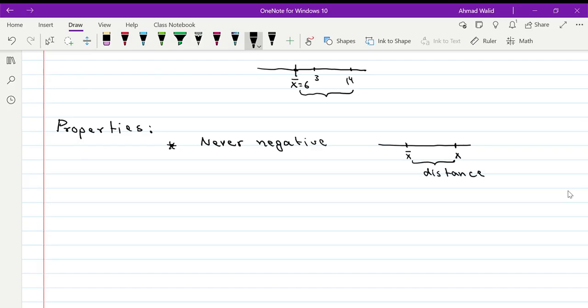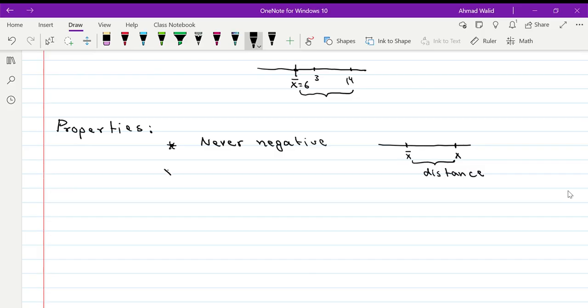Those of you that had a few classes of mathematics, or even without having a class of mathematics, we know this much, that distance cannot be negative, correct? That's why standard deviation cannot be negative, correct?